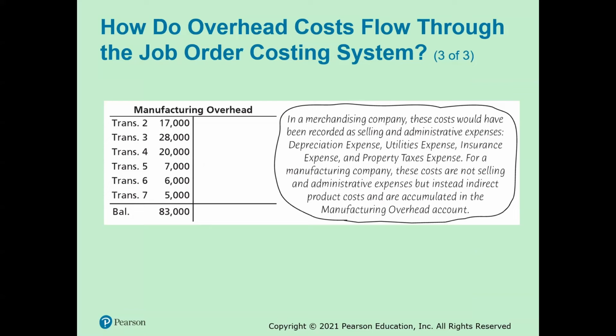Here you see that the manufacturing overhead T account has a debit for transaction 2, the $17,000, transaction 3, $28,000, transaction 4, $20,000, transaction 5, $7,000, transaction 6, $6,000, and transaction 7, $5,000, with a total debit balance of $83,000.